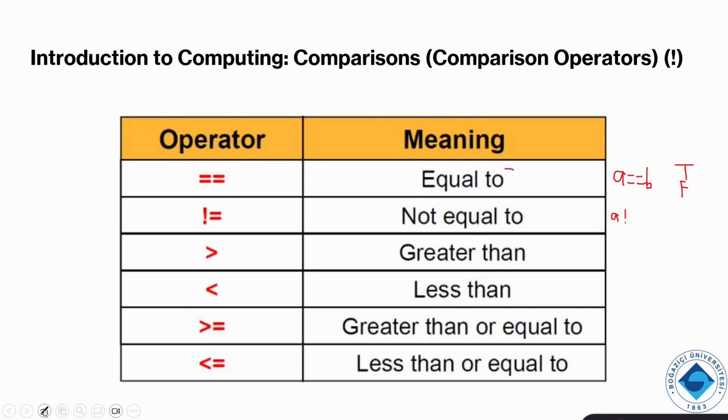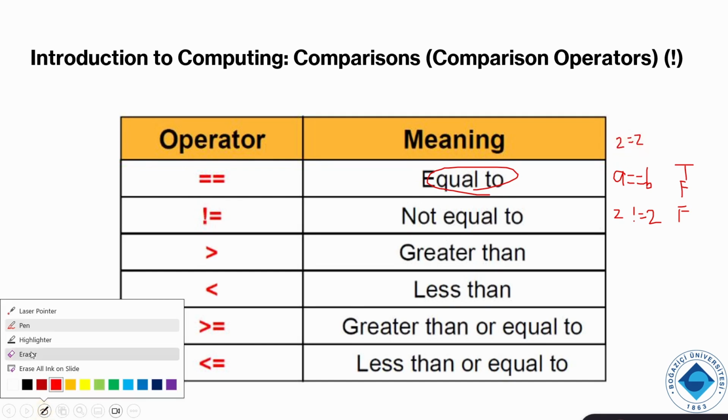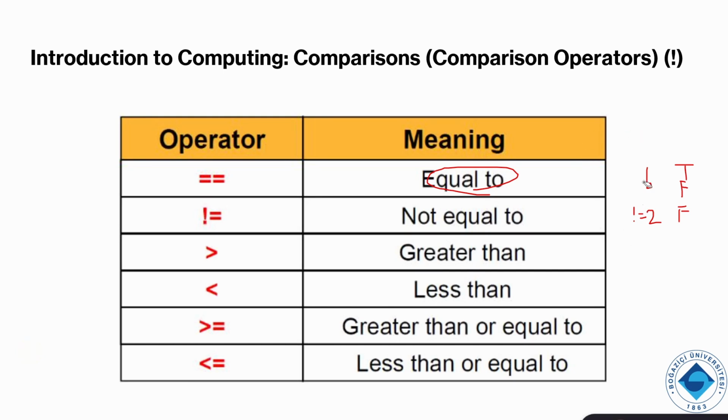Let me give better examples. I can use numbers. For example, if we say 2 not equal to 2, it will return false. It is the opposite of the 2 equal to 2 operator.